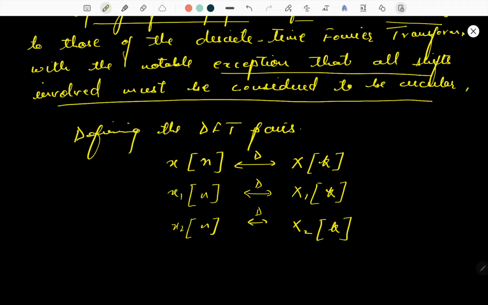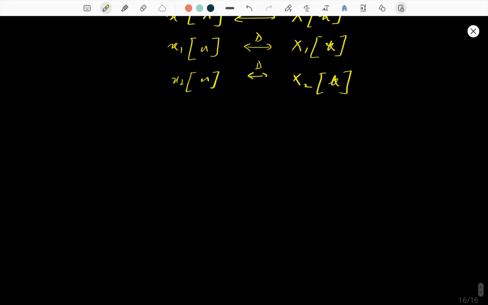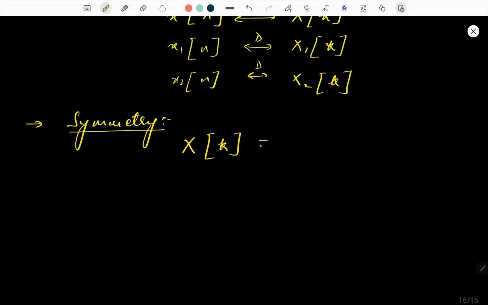All right, so just see the properties, in which the first one is symmetry. What is symmetry? If X(k) is the discrete Fourier transform of x(n), then X(k) should be equal to X star of (minus k), for any n.